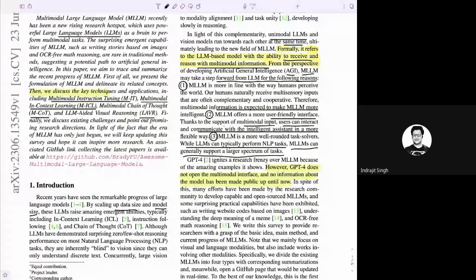When you do prompting with ChatGPT for multimodal reasoning, this is something published by Microsoft Azure AI. You can see visual math or text reasoning, or visually conditioned jokes or memes.